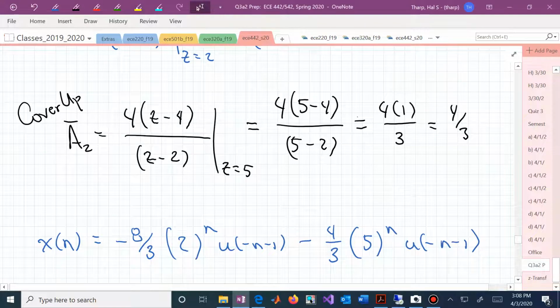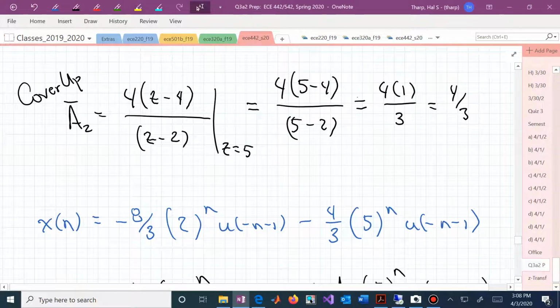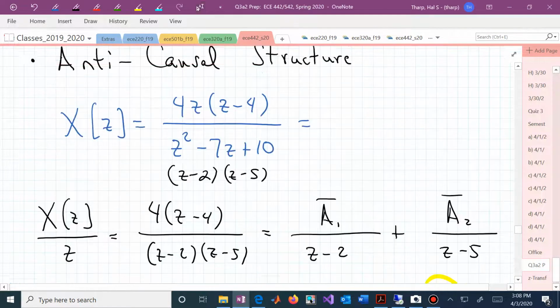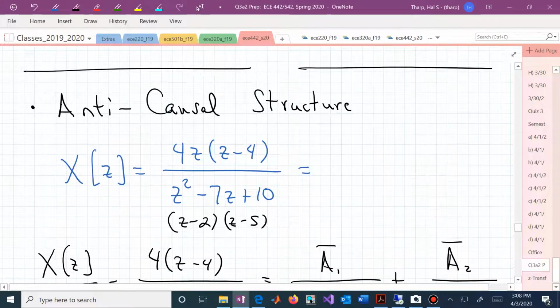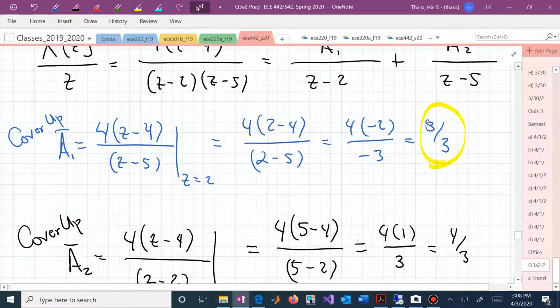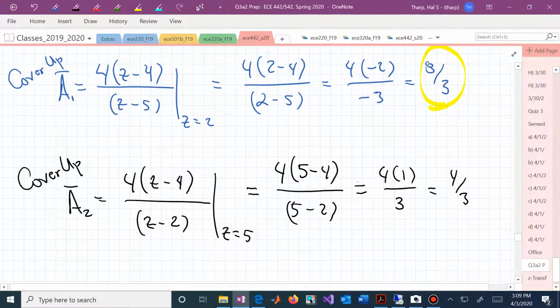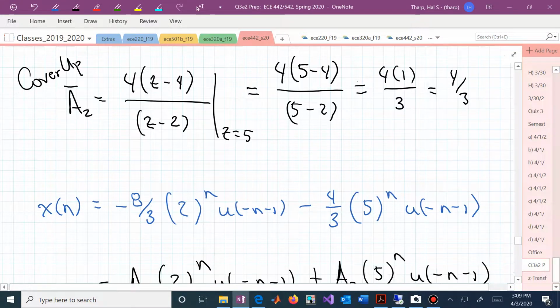But now when we want to go into the time domain, look at what has occurred. Here we found an 8/3, but we now know, since this is a non-causal or anti-causal structure, there has to be a sign reversal between the frequency domain and the time domain.